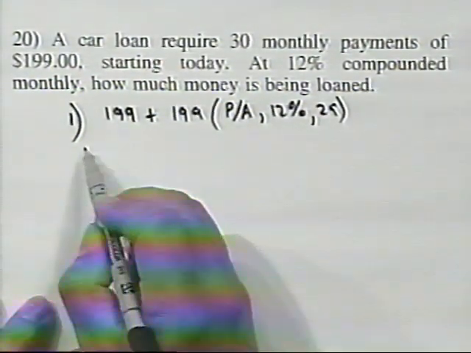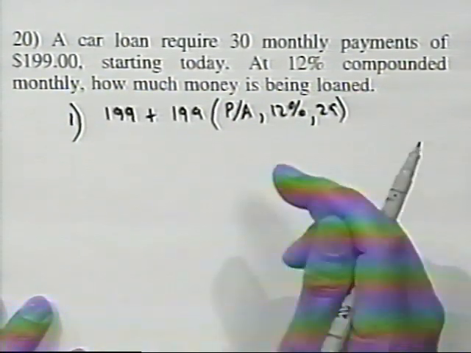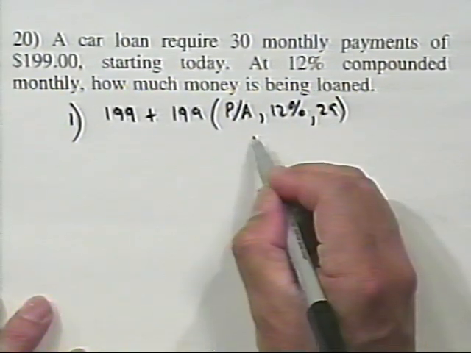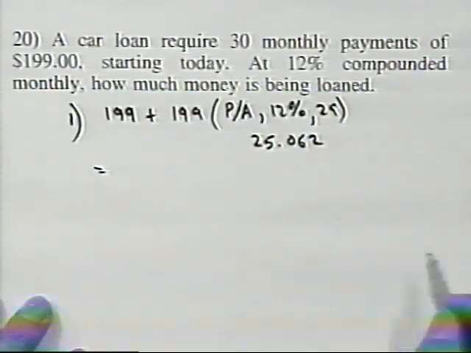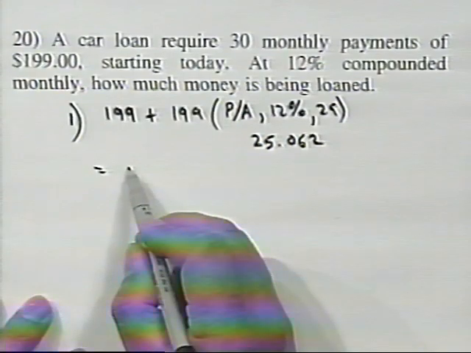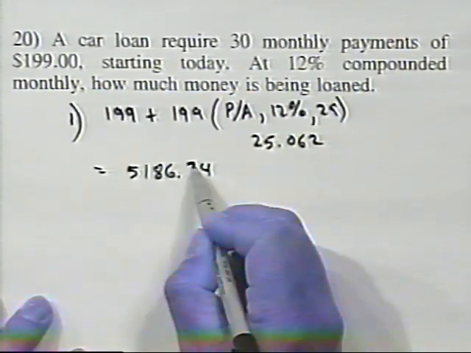Yeah? And this value is 25.062, giving rise to a calculated value of $5,186.34. So the logic of that's fairly straightforward. Let's look at the second method.